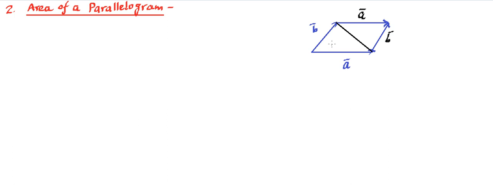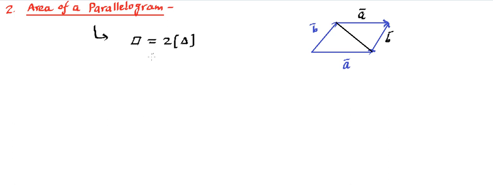Using the area of a triangle, we can say the area of a parallelogram is going to be equal to 2 times the area of a triangle that we have already calculated.